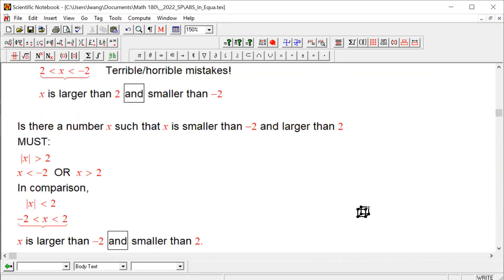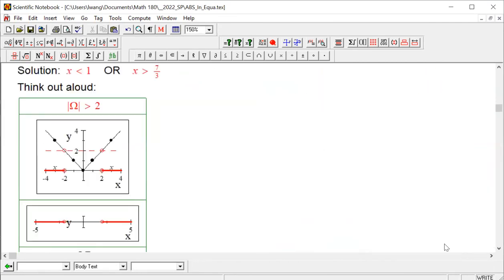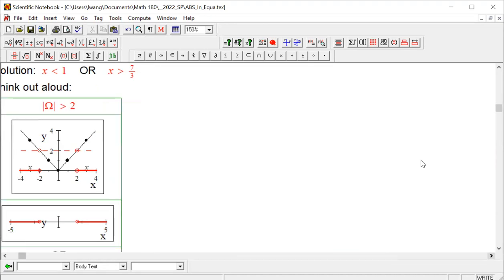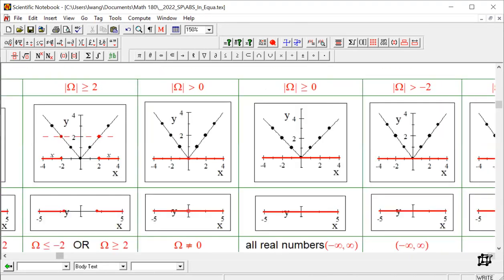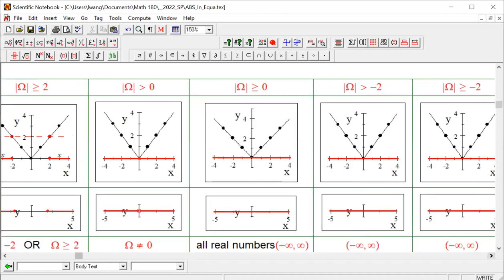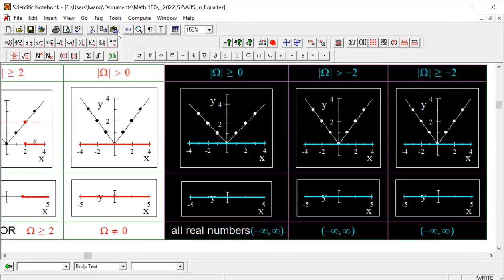So let's look at the other cases. Case by case, we have studied them. And the other one is larger than or equal to 0, larger than or equal to -2. So I'm going to copy these 3 cases.